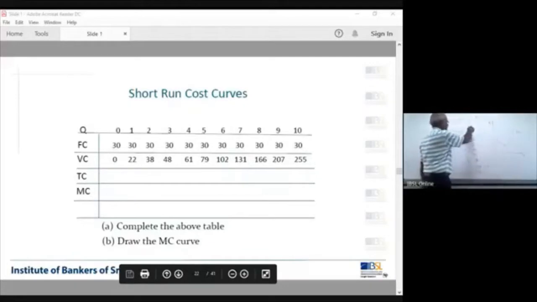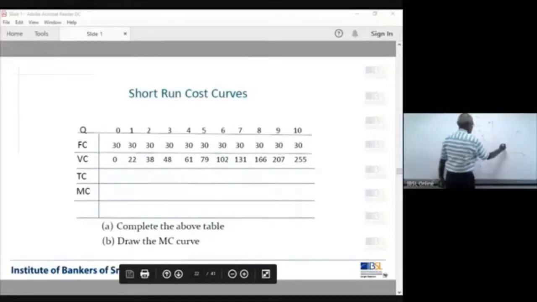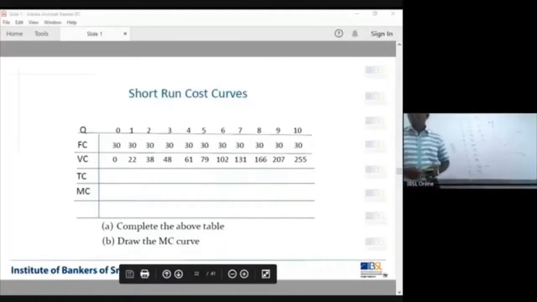We calculate that marginal cost decreases up to this point, 10, 26, 16, 10, then it increases after that. Up to the third point it decreases, then it starts increasing. The marginal cost curve is generally U-shaped.